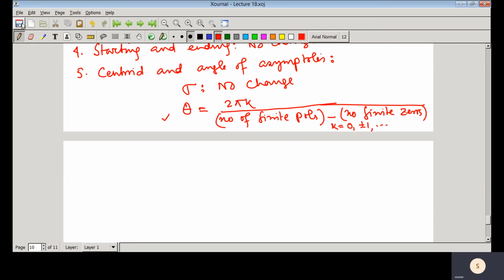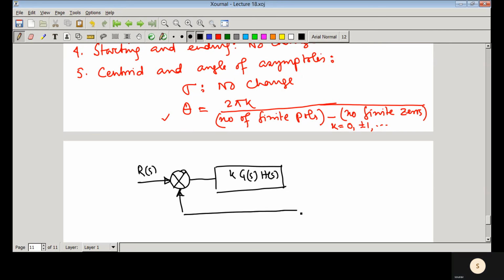What is its application? You can see the application of this particular concept, say suppose we have one closed loop system, and this is that gain k. So suppose this is the gain k here, and this is the reference command. It's a negative feedback.